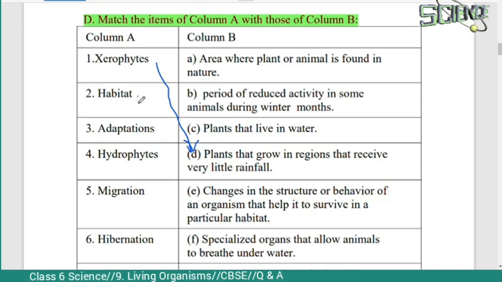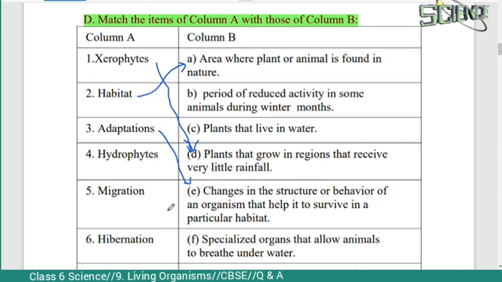Second, habitat. Habitat is an area where plant or animal is found in nature. Third one, adaptation. Adaptation is changes in the structure or behavior of an organism that help it to survive in a particular habitat.